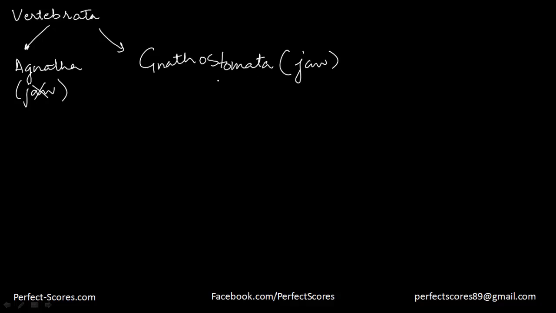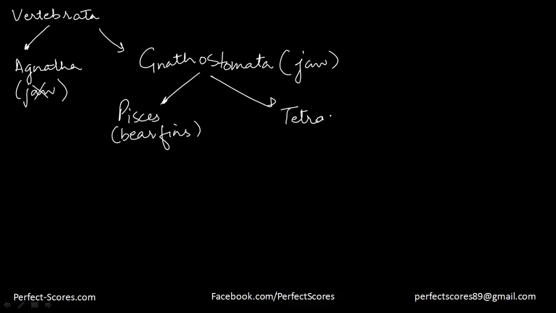Now this is further divided into two superclasses. One is Pisces. That means those organisms that have fins, and the other one is Tetrapoda that don't have fins but they have limbs. And as the name suggests, tetra means four, so usually they have four limbs or two pairs of limbs.